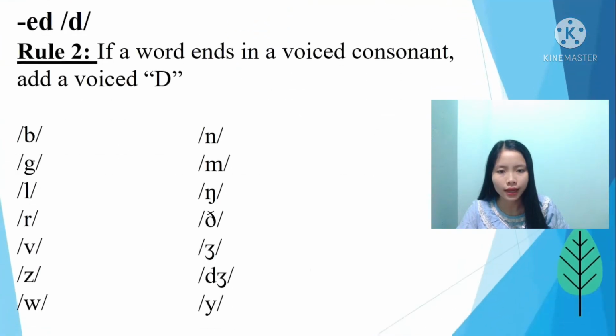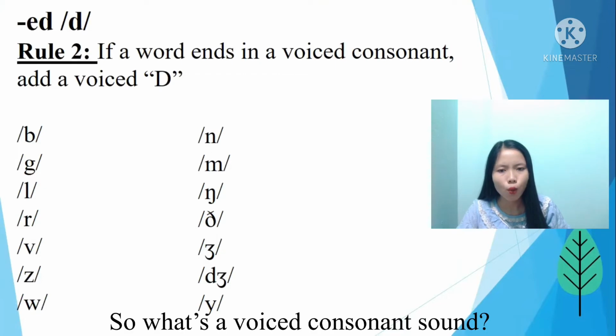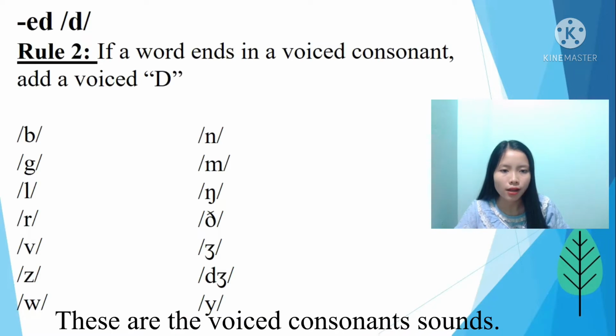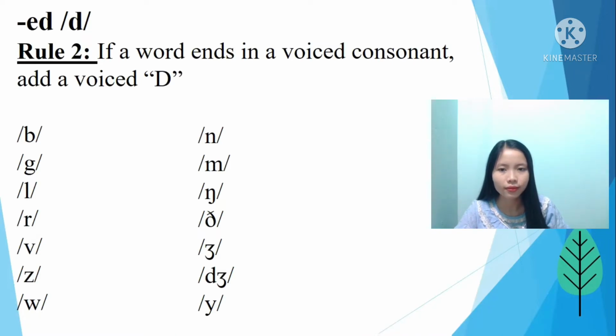Rule number 2. If a word ends in a voiced consonant, add the voiced d. So what's the voiced consonant sound? Well, I'll give you a short version right now. These are the voiced consonant sounds. B as in bub. G as in rig. D as in yo. R as in car. V as in love.